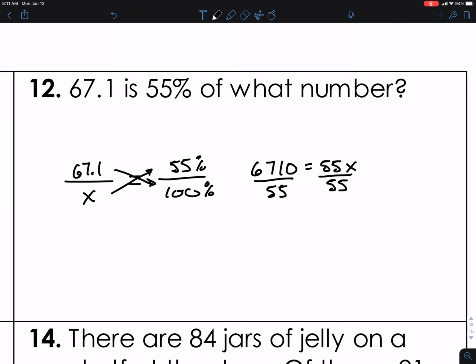And we end up with, oh, that goes away. So we end up with x equals 122. Okay, so our total, or our whole, is 122. Because this is the part, this is the whole. So our 122 would go there. 67.1 is 55% of 122.